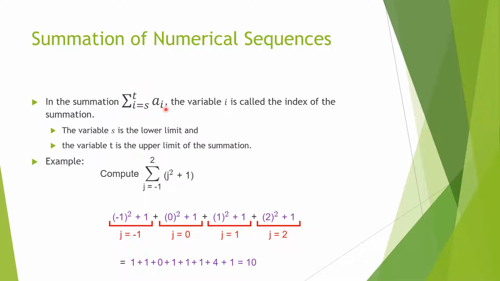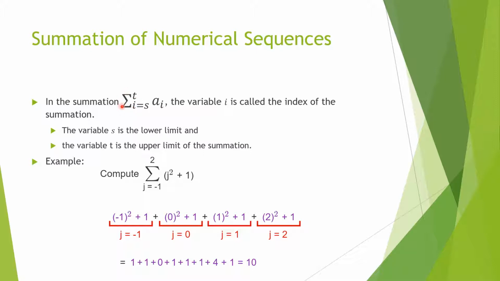You write the general formula, or the explicit formula of a sequence like a_i, and the index is represented by i here. i is a variable, and then a_i would be in front of a symbol like this, which is the capital sigma, a Greek letter.